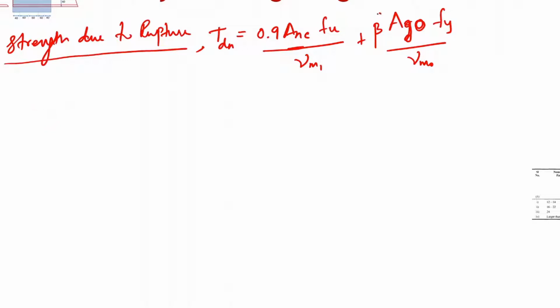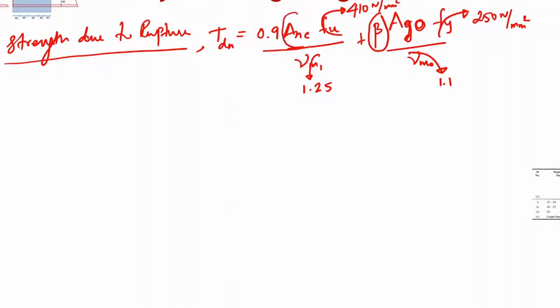We need to find what is beta. We know gamma M1 is 1.25, please refer to table number 5, and gamma M0 is 1.1. We know the yield stress of mild steel is 250 Newton per mm square and the ultimate tensile stress of mild steel is 410 Newton per mm square.